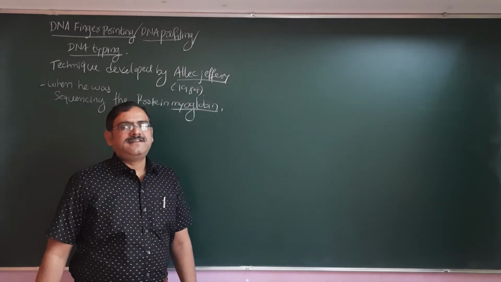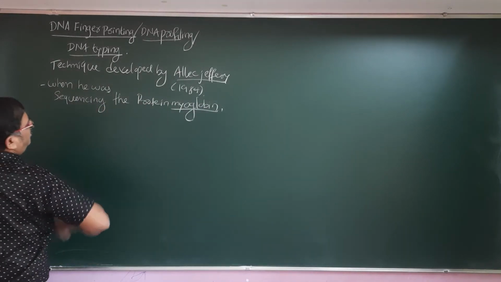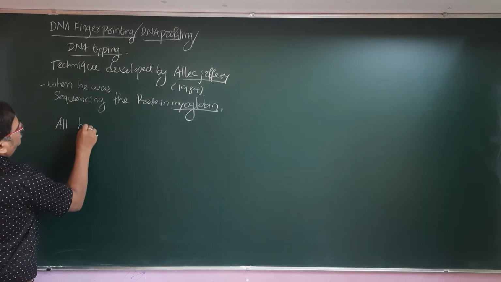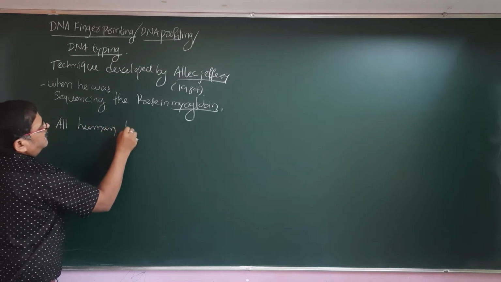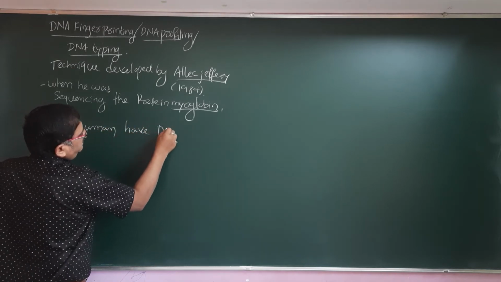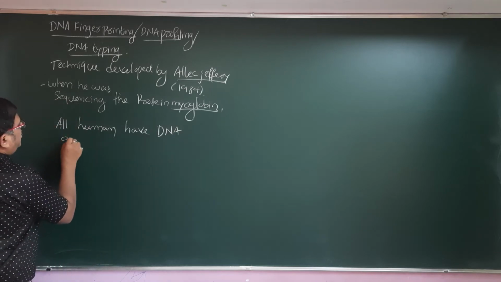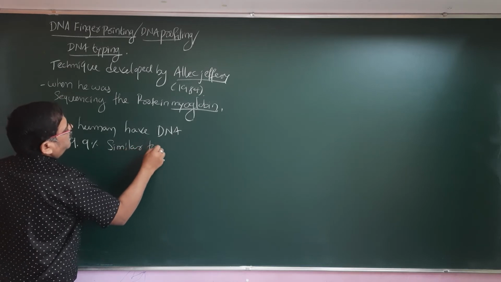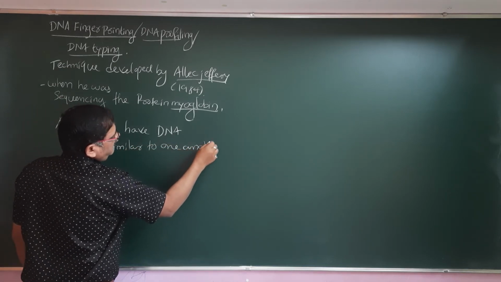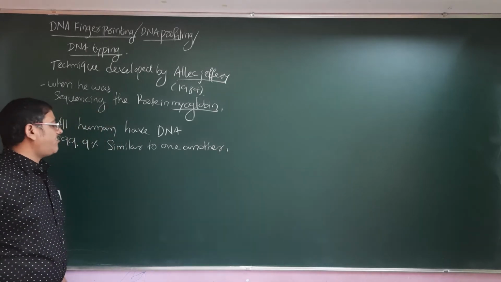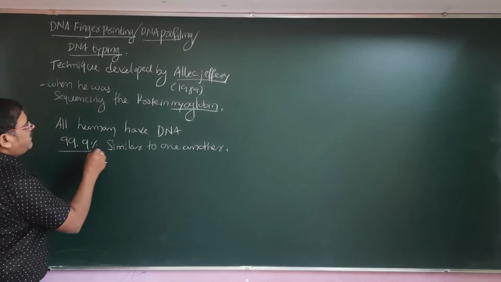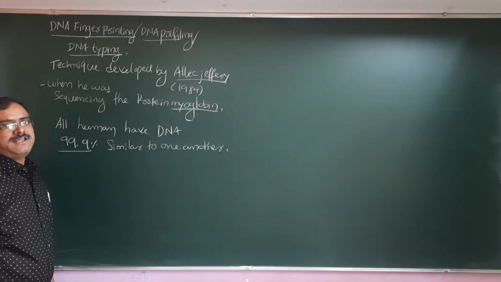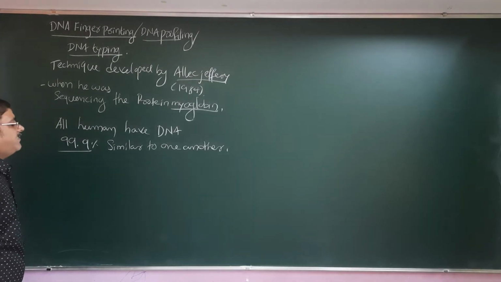So in DNA fingerprinting or profiling, what are we mainly studying? All humans have DNA which is 99.9% similar to one another. The difference is 0.1%, and that variation we are able to understand and identify mainly by using the technique called DNA profiling or DNA fingerprinting.